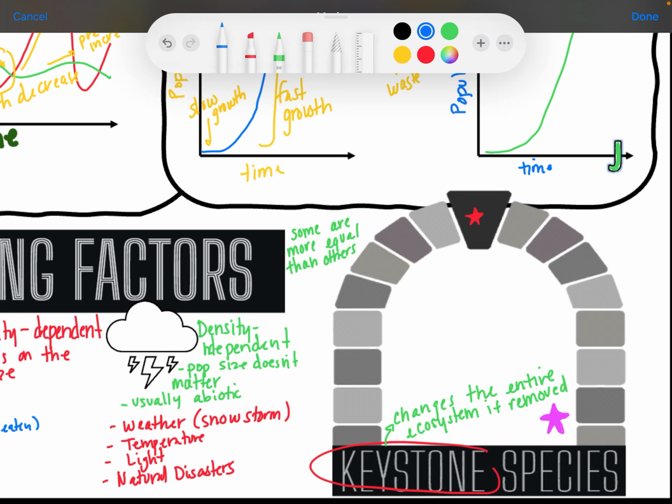We call this change a trophic cascade. This is like a side effect of removing or reducing a species, particularly the keystone. So let's write trophic cascade. Remember, trophic has to do with food, and this is a side effect in an ecosystem.